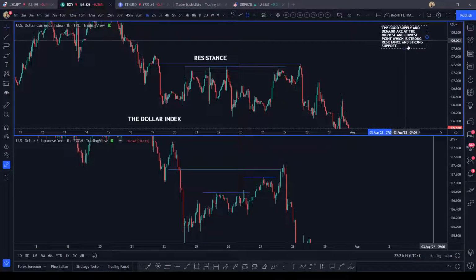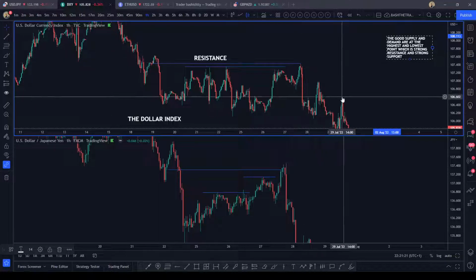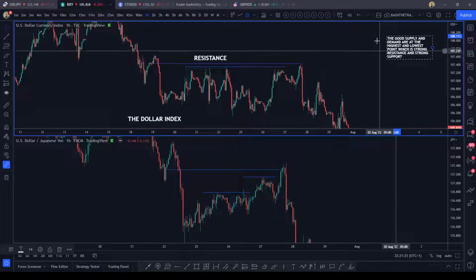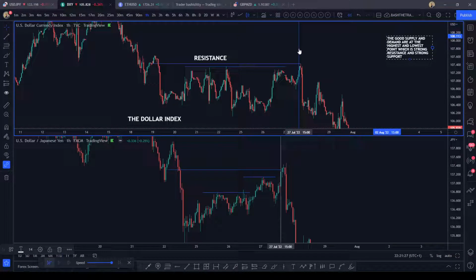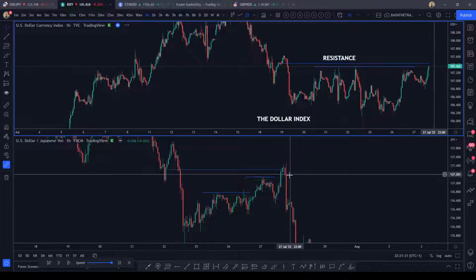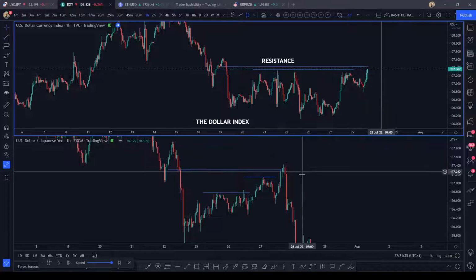So I saw that there was a resistance point here that was going to stop the price. So let me rewind this backward so that you guys can see what happened. Good, beautiful. Then also this one as well.